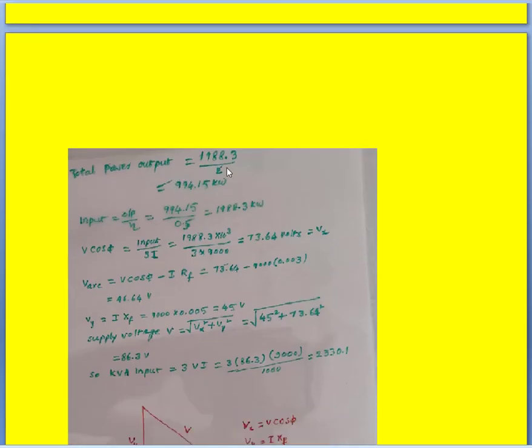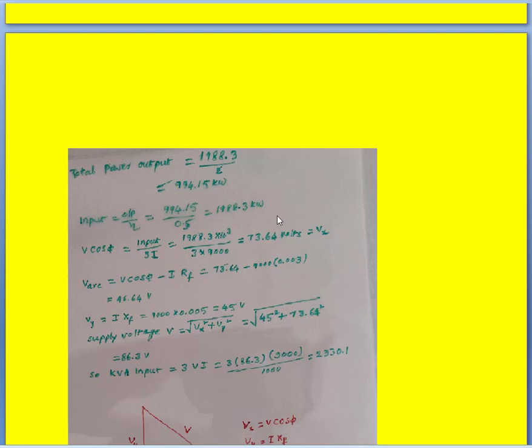Total output power is nothing but 1988.3 divided by 2, that will give you 994.15 kilowatts. From this we can calculate the input power, that is output divided by efficiency. So 994.15 kilowatts divided by 0.5 will give us 1988.3 kilowatts.